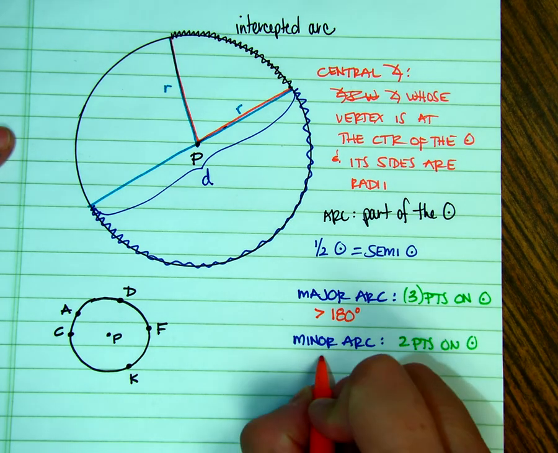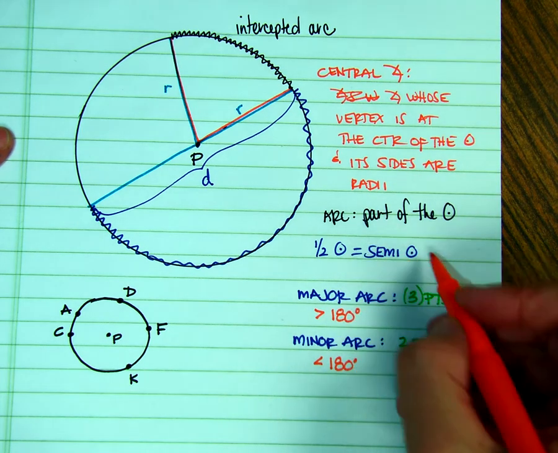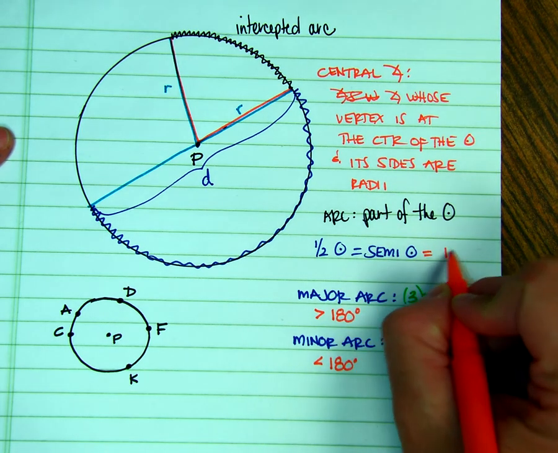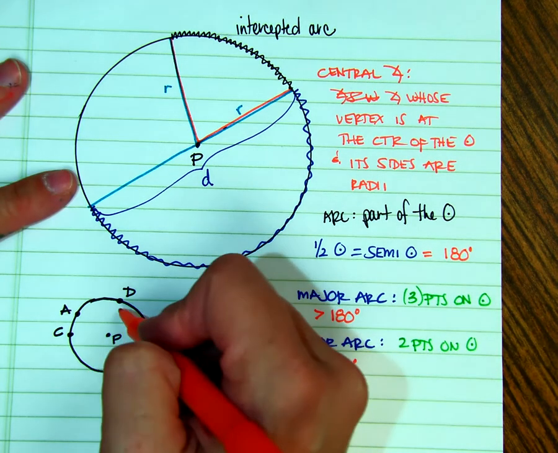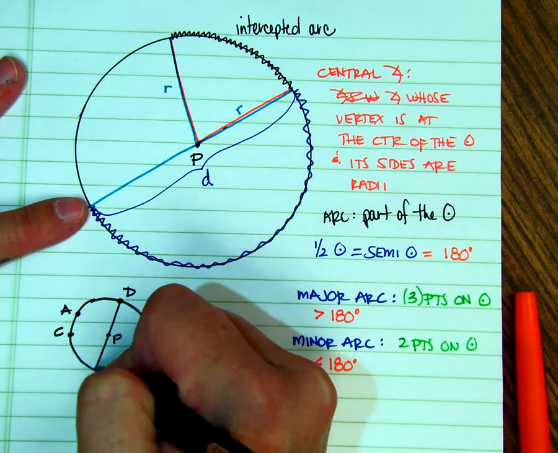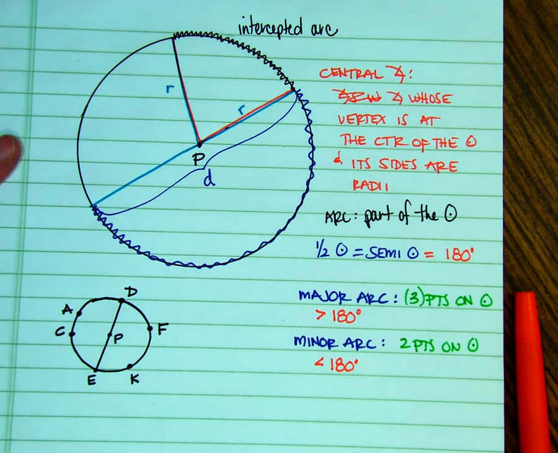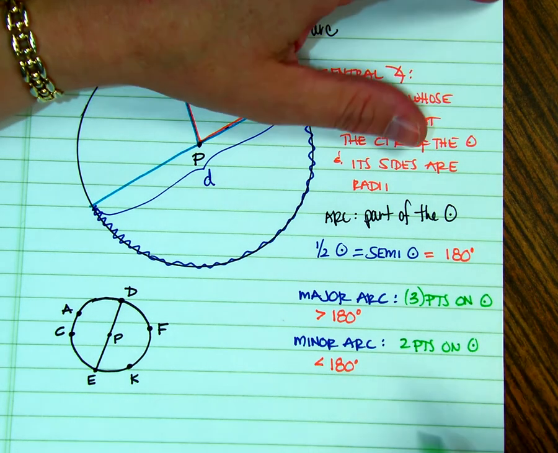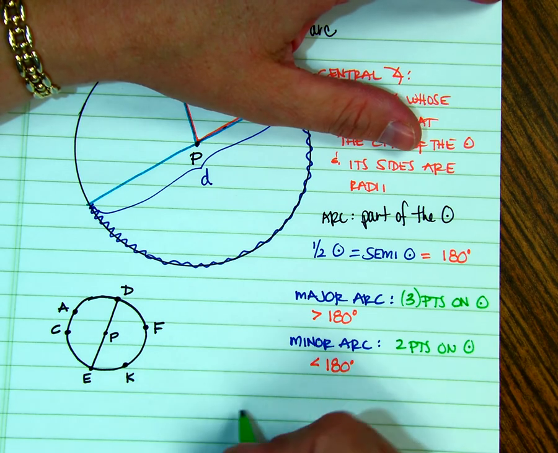Minor arcs need to be less than 180 degrees. And semicircles are equal to 180 degrees. So I am specifically going to draw a diameter. I'm going to label this as E.